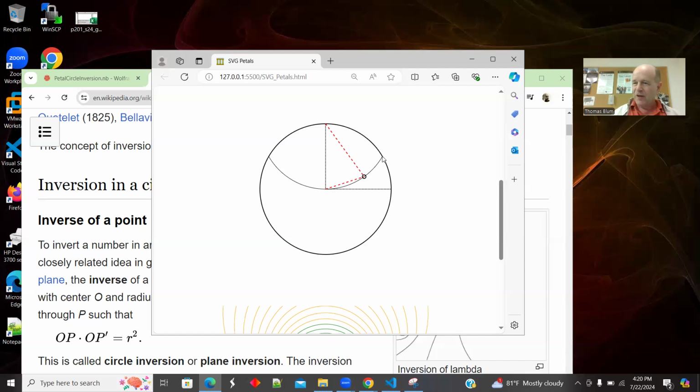Well, if you're on the circle, then the P and the P prime are the same. So this point will map to itself, and that point over there will map to itself.